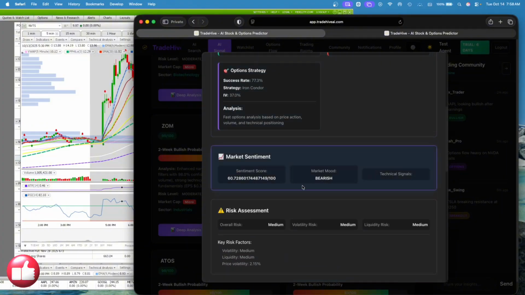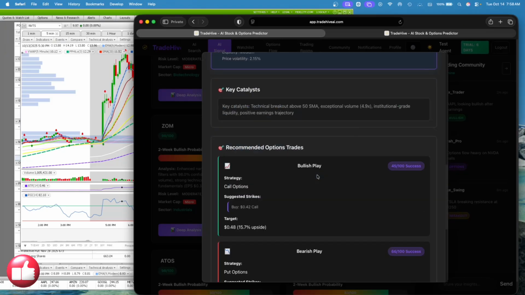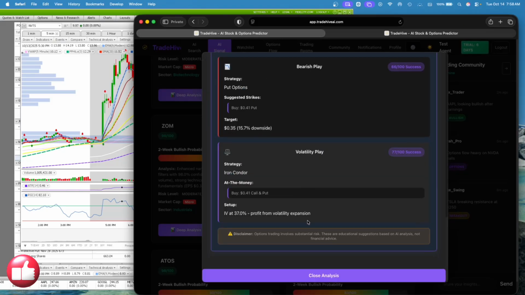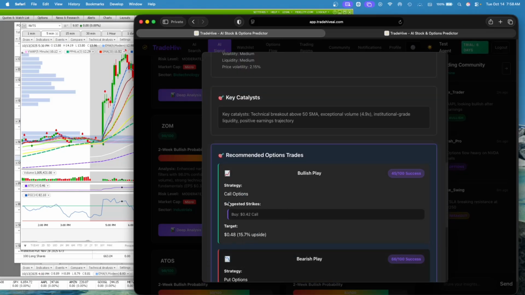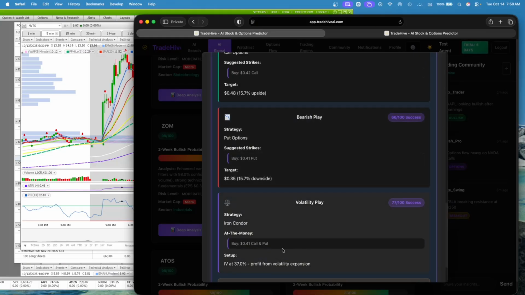So the mood is bearish right now because the entire market is down, in red right now, but that doesn't mean that the stock will not go up. And it tells you about different option strategies that you can play here. You can buy a call, or you can buy a put, or you can do some volatility play here, like an iron condor, and it tells you what to buy, and so on.